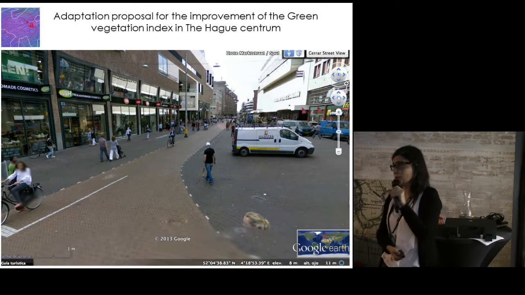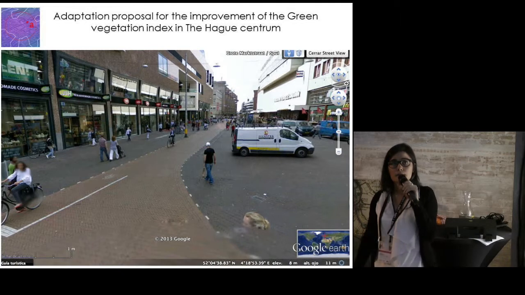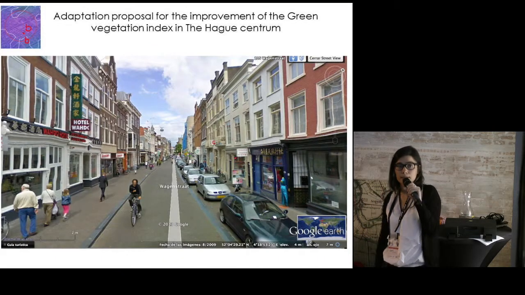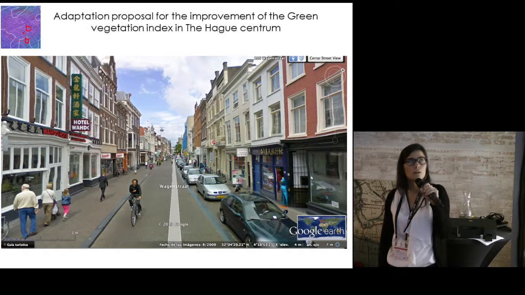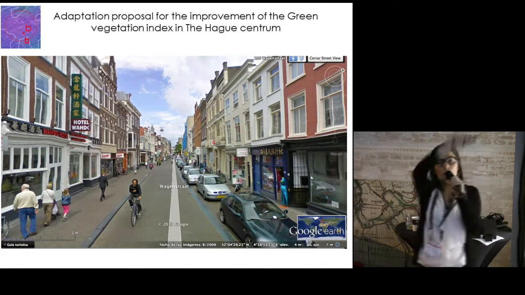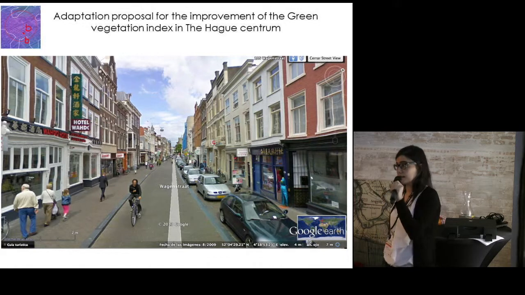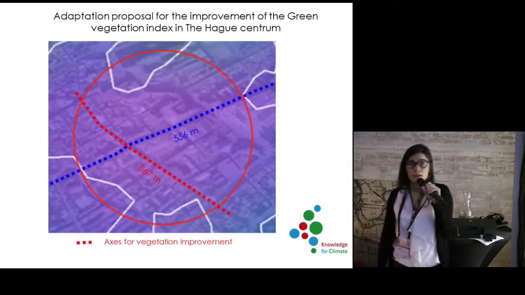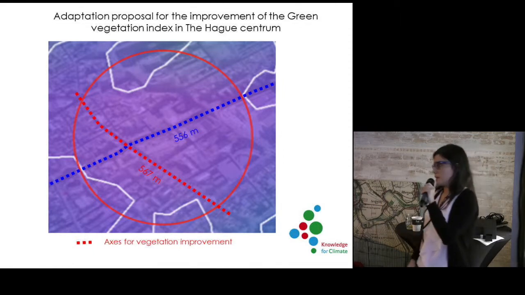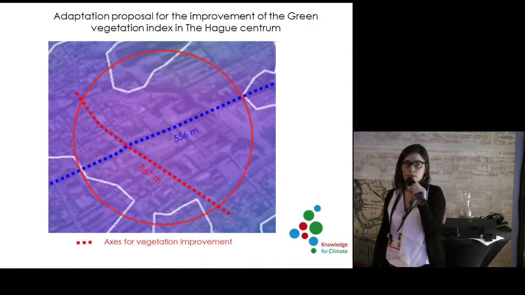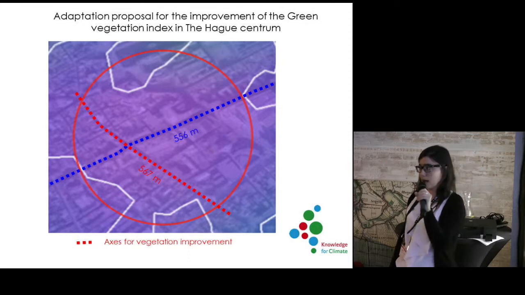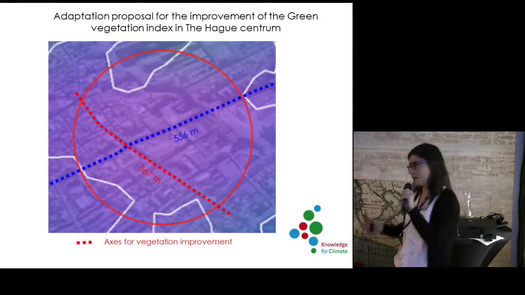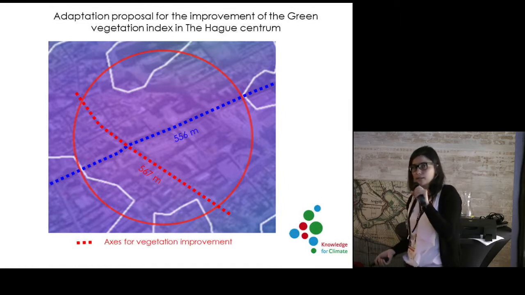You see that there's absolutely no greenery in this Grote Marktstraat, and in the Wagenstraat, no greenery either. So, of course, these two are inside the area that was identified with very low vegetation indexes. This is an attempt to measure the length of these two streets, and this is precisely where we bridge the analysis and the suggested design adaptation.